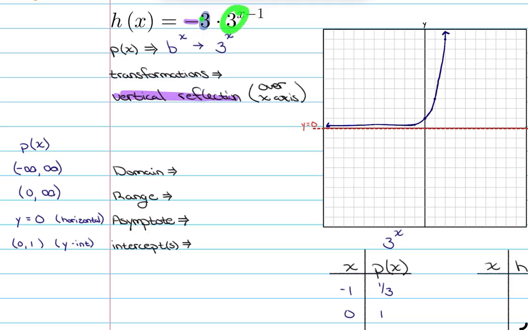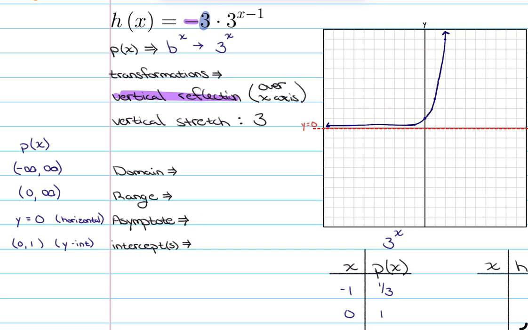So that is also going to be a vertical. This time it is a stretch. I know it's a stretch because it is greater than 1, and I am multiplying it times my parent function. So the vertical stretch is by 3.